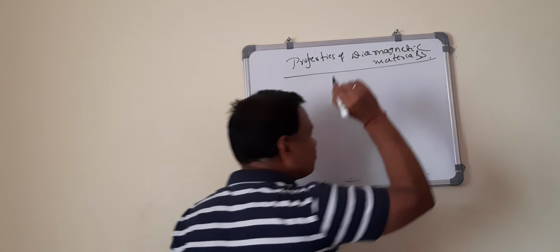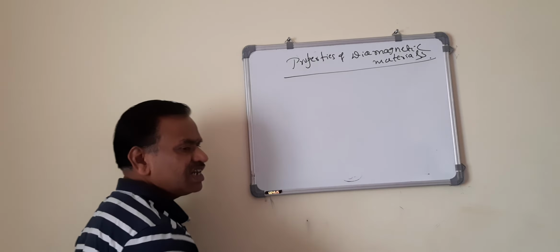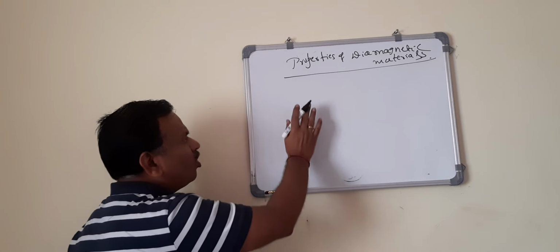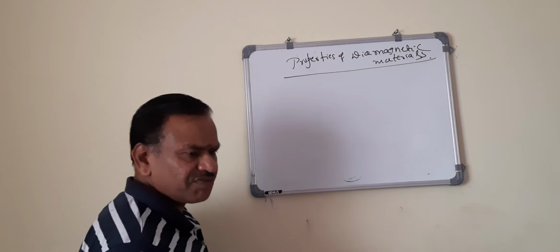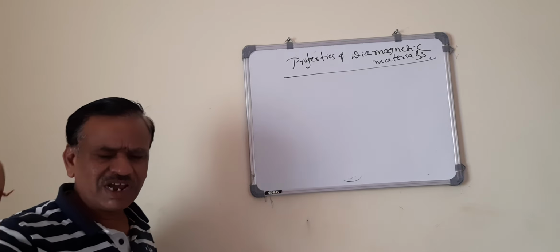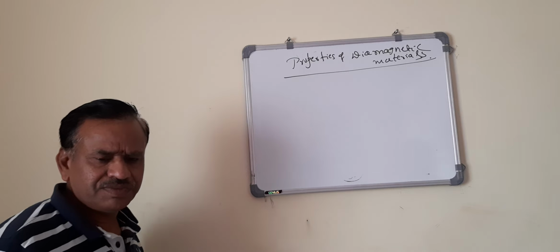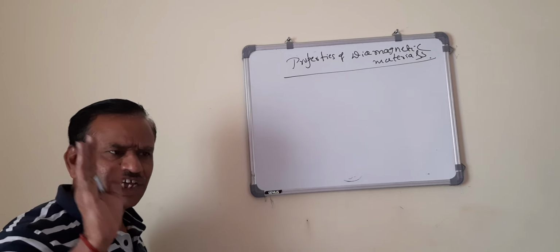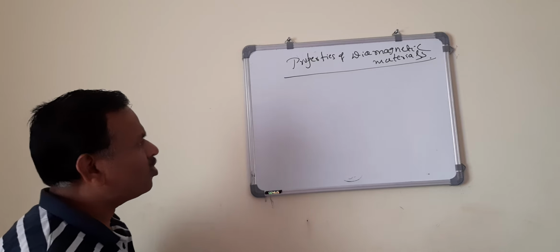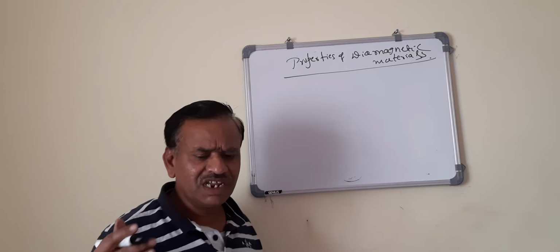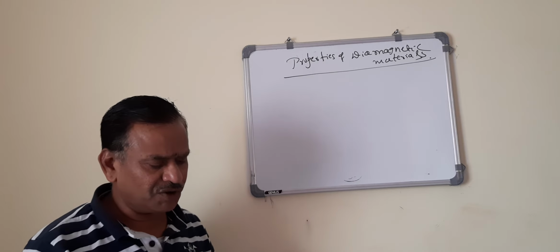Here, one important property of the diamagnetic material is that in the absence of an external magnetic field, of course, the net magnetic dipole moment is zero, no doubt, for all the materials, whether diamagnetic, paramagnetic, or ferromagnetic and all that.